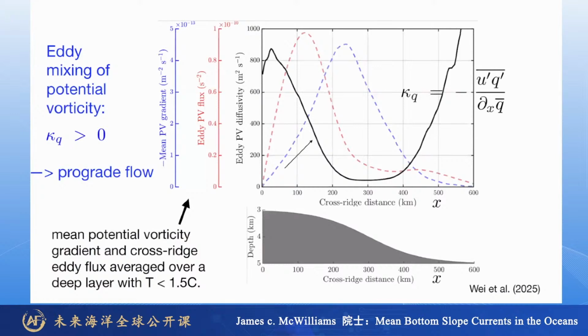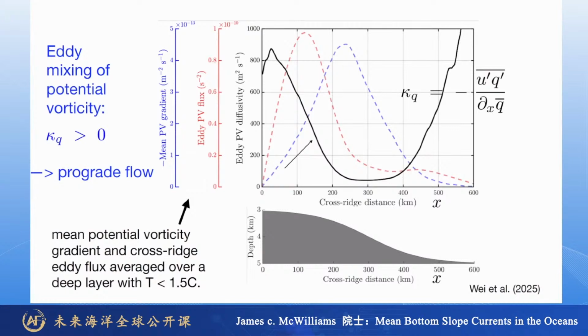In blue, the mean potential vorticity gradient with the sign change. All of this is vertically averaged over a deep layer with a mean temperature below 1.5 degrees centigrade, that is maybe in the bottom third approximately vertically of the domain.